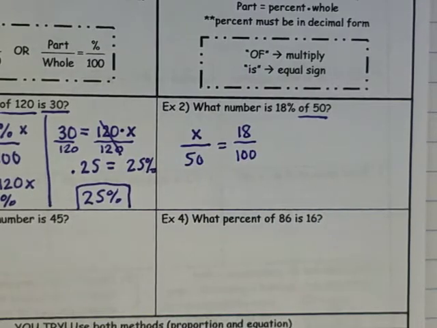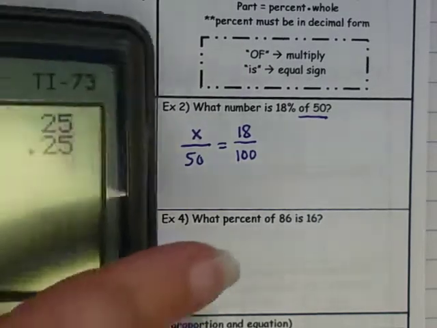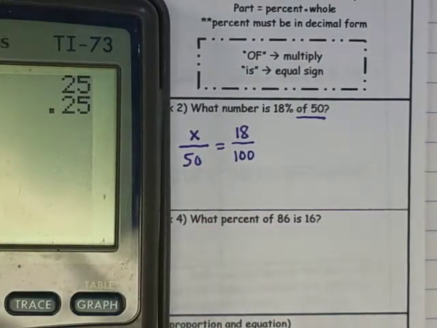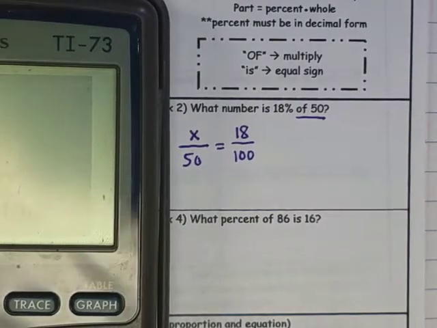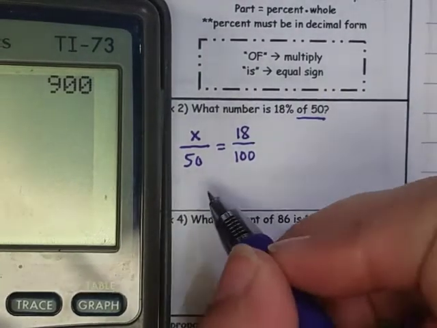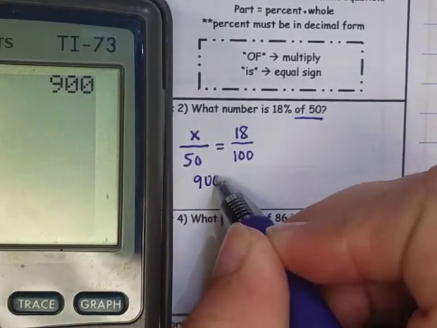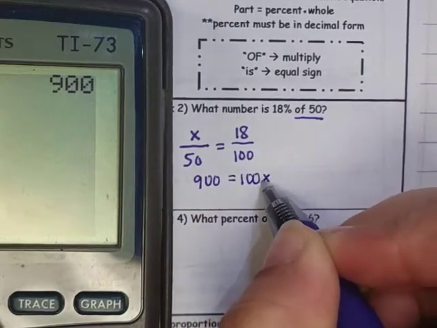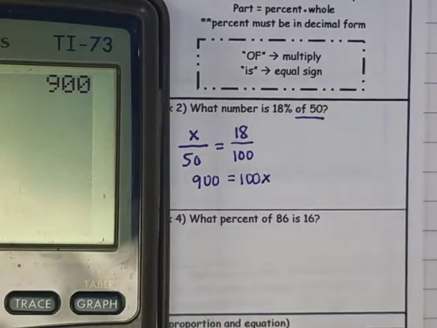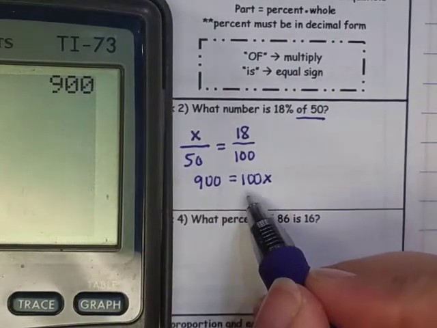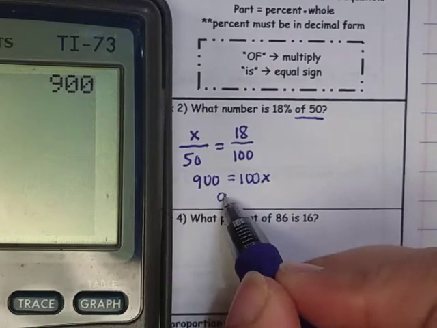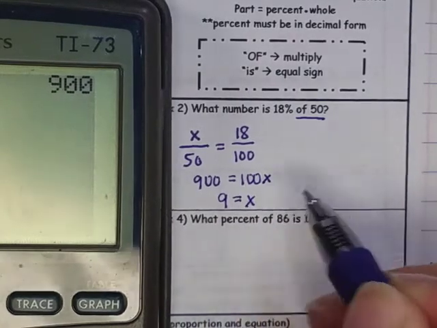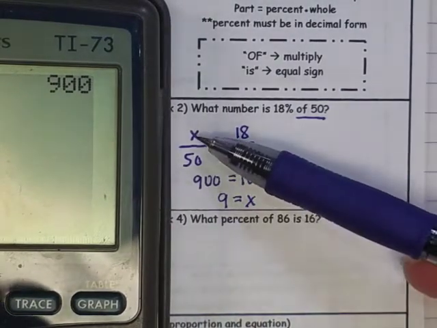There's my nice proportion. I can cross multiply and then divide. So 50 times 18 gives me 900. 100 times x is 100x. I know to divide by 100, and 900 divided by 100 is 9. And so my part is 9.